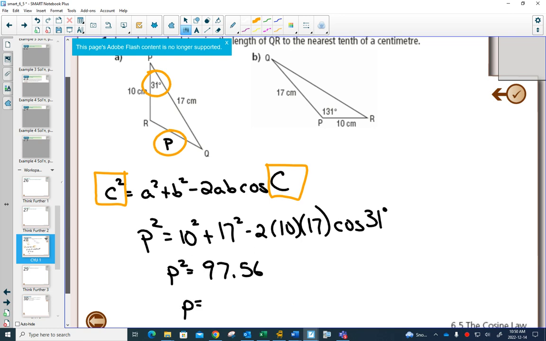And then I would square root both sides. Normally when you square root both sides, you have to add the plus or minus. But since we're finding the length of a side of a triangle, does it make sense that it's only going to be the positive one? So square rooting both sides, I get 9.87. Rounded to the nearest tenth of a centimeter would be 9.9.